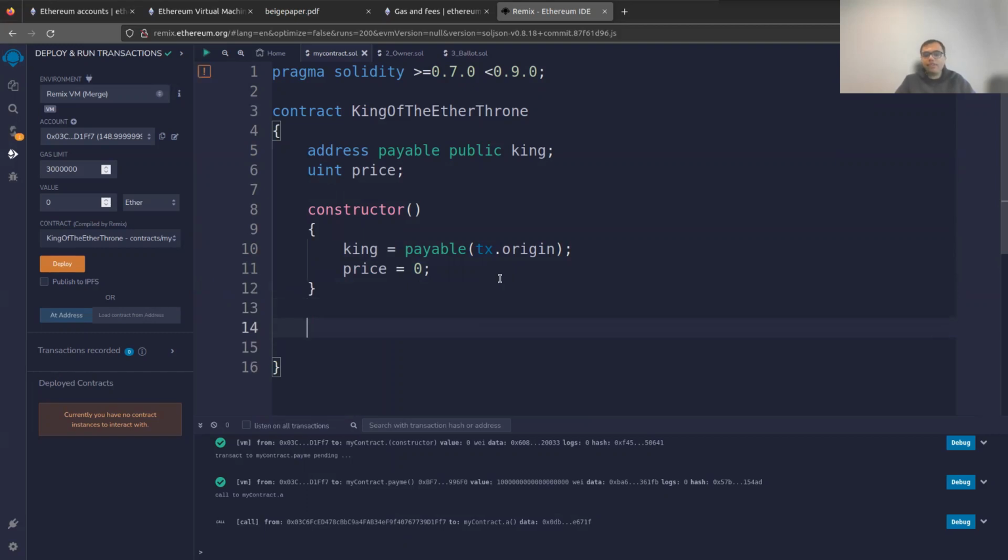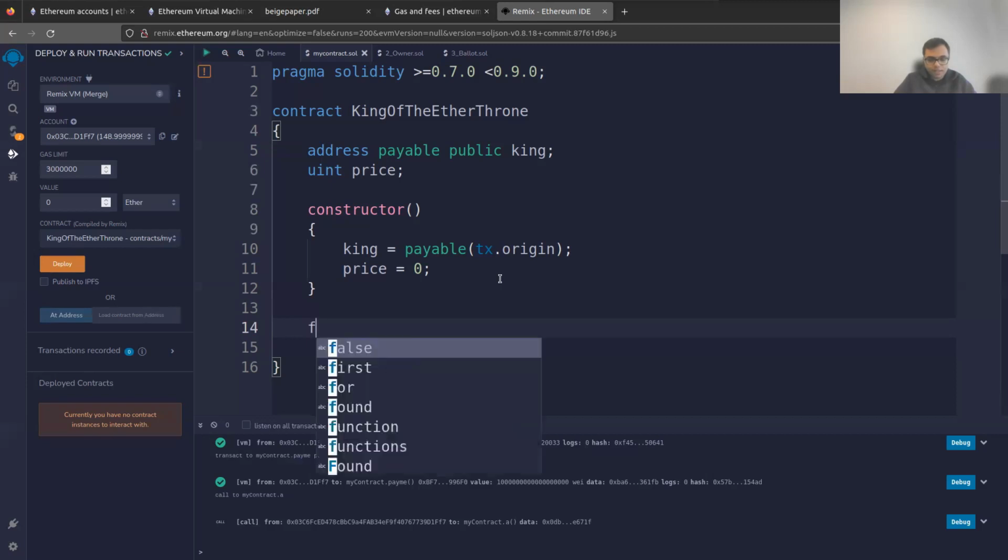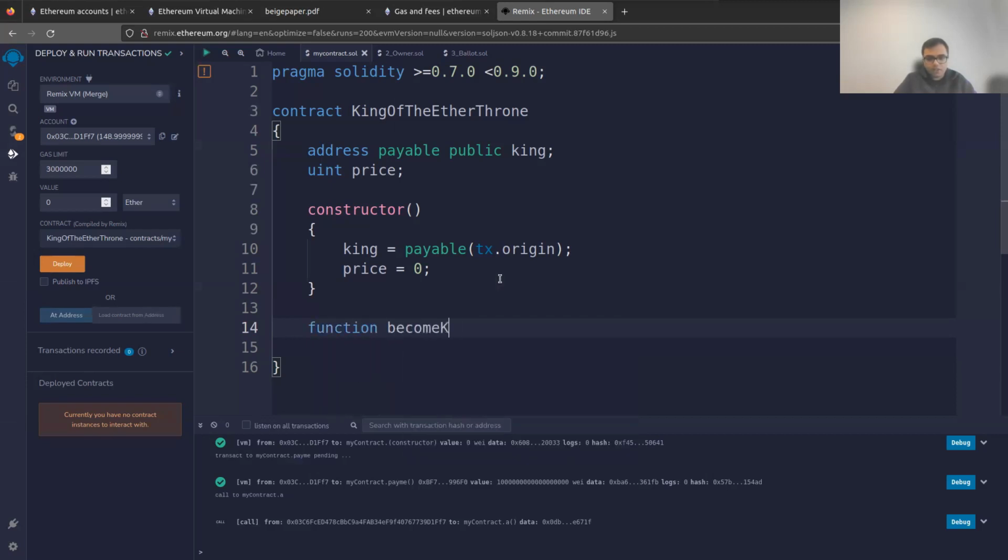And then I can have a function that pays this contract and tries to become king. Let's say I have a function becomeKing. This function is public, so anyone can call it. It's payable, so you can pay money to this contract while you call this function.